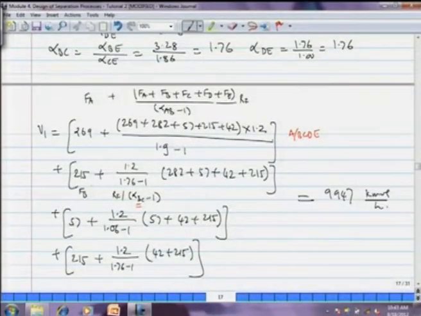So, Fb plus 1.2 divided by alpha BC minus 1, into the other components Fb, Fc, Fd, Fe, and similarly you go ahead doing all these things. The third column splits C from DE mixture, and the final splits DE. After substituting values, you can calculate these numbers on a simple calculator, and you have to add the values of vapor flow rates of all the 4 columns that are there.